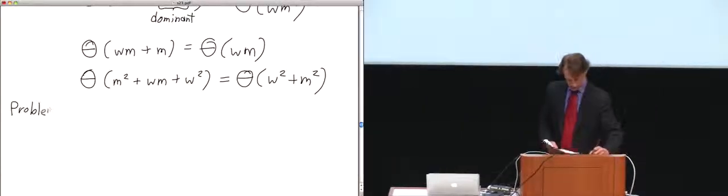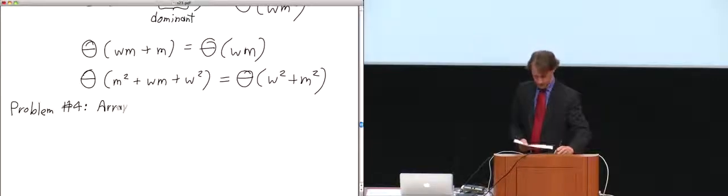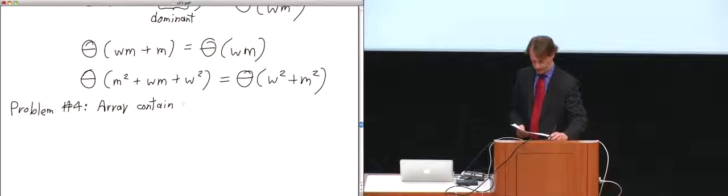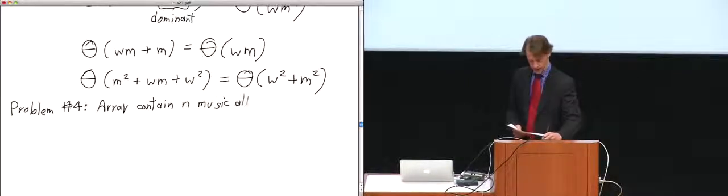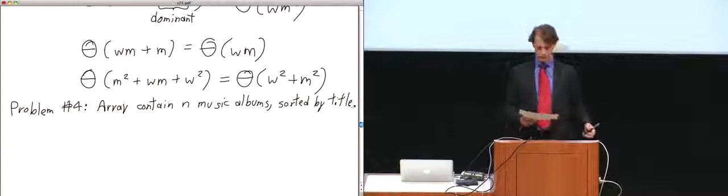All right. I want to do a more interesting version of multivariable. Here's a problem where I have an array that contains the titles of all the albums in my music collection, and they are sorted by the title.